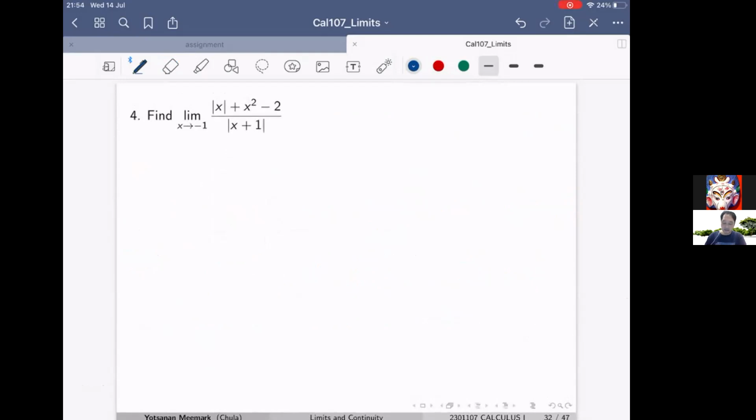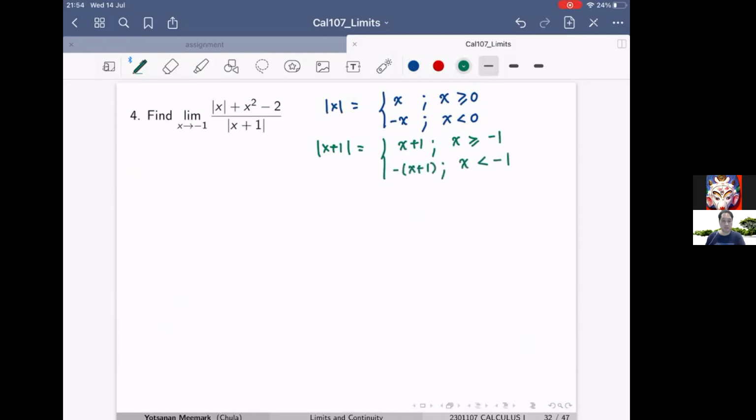Here the absolute value of x is x if your x is positive, and negative x if your x is negative. But the absolute value of x plus 1 will separate at x plus 1 if your x plus 1 is positive, so if your x is greater than or equal to negative 1, and the negative of that thing if your x is less than negative 1.